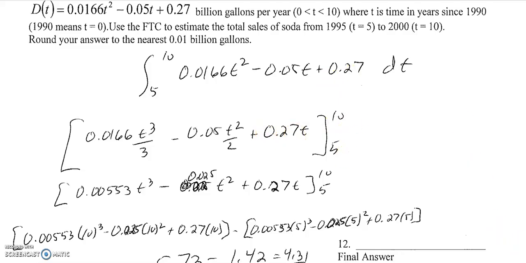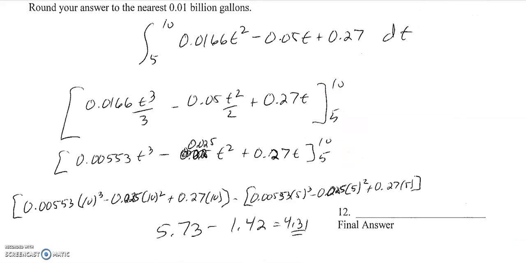But before we plug in the 5 and the 10, we want to simplify a bit. So here we have 0.0166 divided by 3, which is 0.00553 t cubed, minus 0.05 divided by 2, which is minus 0.025 t squared, plus 0.27 t from 5 to 10. Plug in the 10 in for t, minus plug in the 5 in for t, and then subtract.